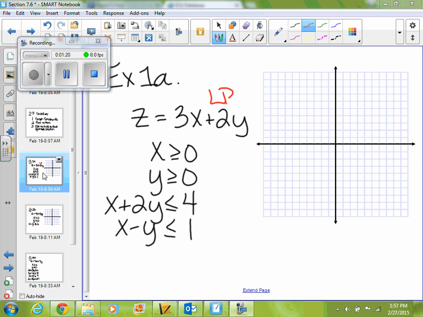So z equals 3x plus 2y, that's your linear programming equation. That's the equation that we're going to test our points in. These other ones are our constraints.